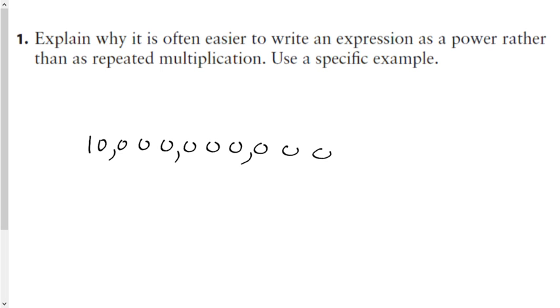In order for me to write 10 billion, I have to express it as a 1 with 1, 2, 3, 4, 5, 6, 7, 8, 9, 10 zeros, right? 10 billion would be a 1 with 10 zeros. However, if I wanted to write 10 billion without having to get writer's cramp, I could simply write 10 billion as a 10 to the exponent of 9. And that would be a quicker way to write the number 10 billion.